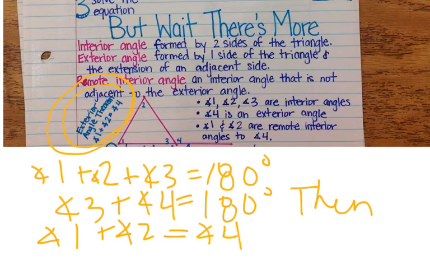Okay? If we're looking at my diagram, angles 1, 2, and 3 are interior angles. Angle 4 is an exterior angle, and angles 1 and 2 are remote interior angles to angle 4.